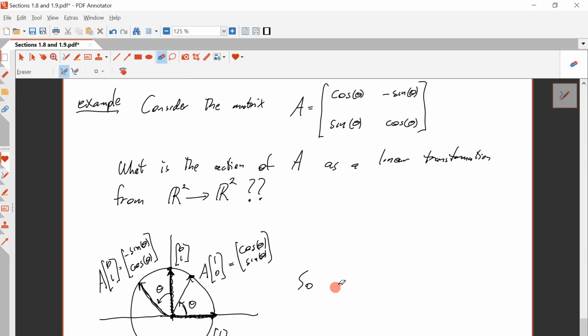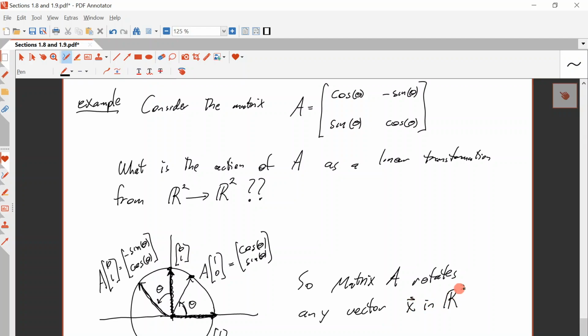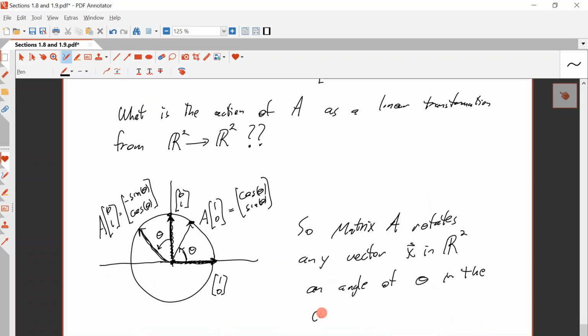So matrix A rotates any vector X in R2 by an angle of theta, in the clockwise direction or counterclockwise direction.